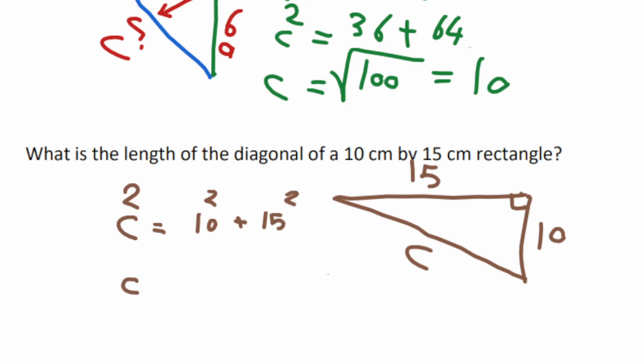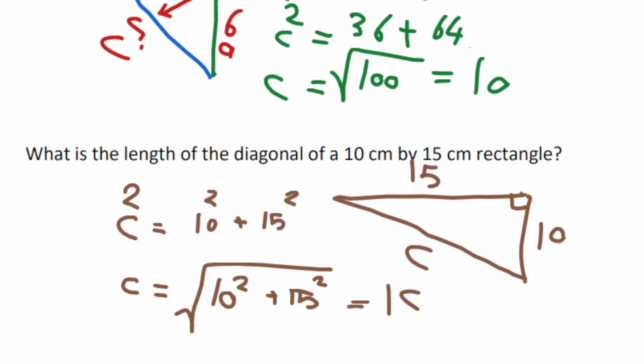To make it faster in your calculator, it's equal to the square root of this squared plus that squared. The calculator can do all this in one step. So grab your calculator and follow me. First, write the square root sign, and then write 10 squared plus 15 squared, and you'll get the answer directly.